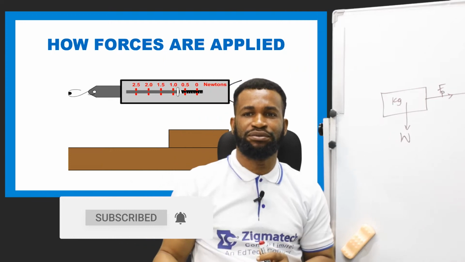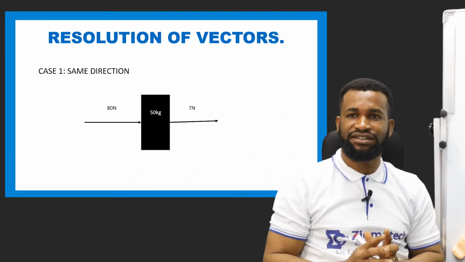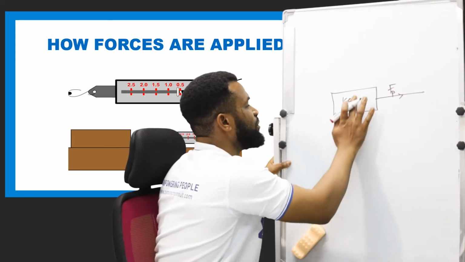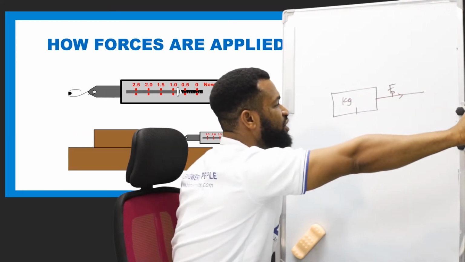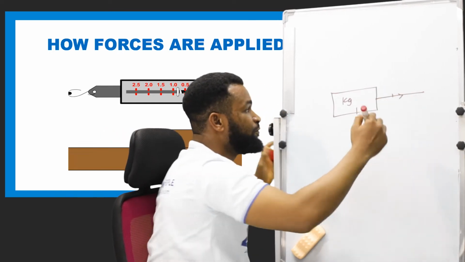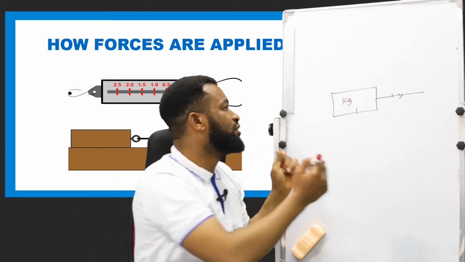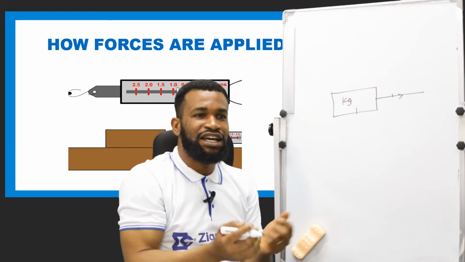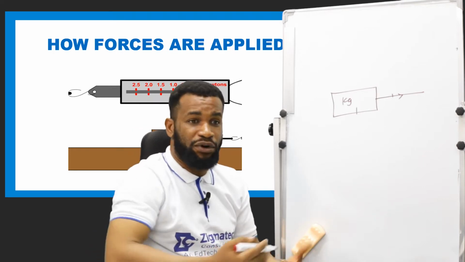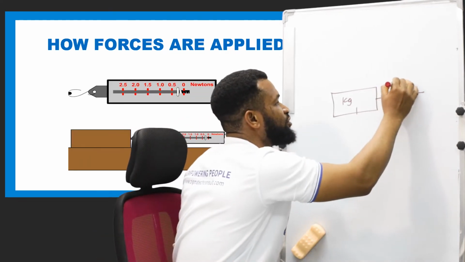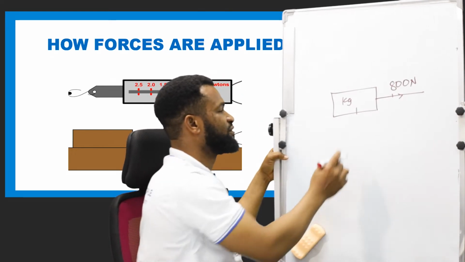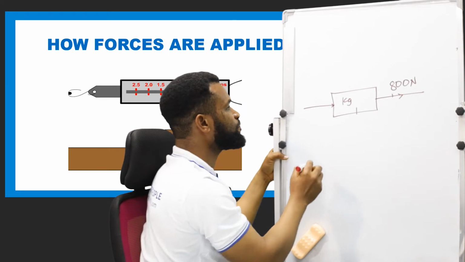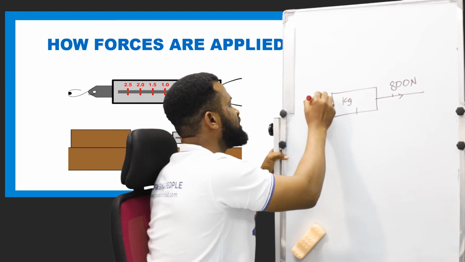Let me give you another example. Look at the diagram you're watching on the screen. Assuming this is still a body and somebody is pushing in this direction, let me say a man that has a heavy force, I'm not using power, power is a scalar. Let's say the man has 800 Newton. And then another man has, let's say, 200 Newton.